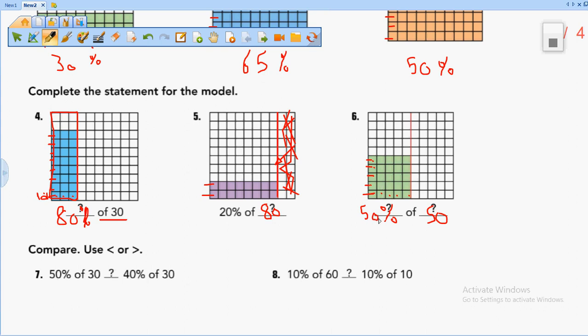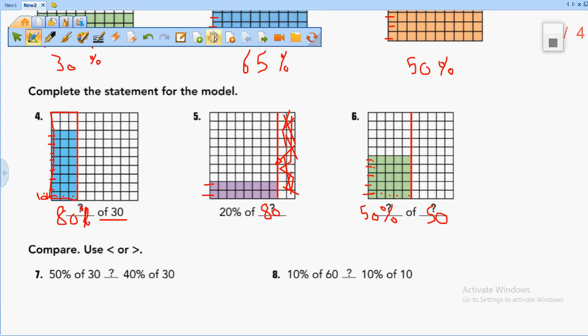That means it's 50% of 50. So 50%, or the half of 50, is 25. So here 50% of 50 is 25. As I told you before, we can say 10, 20, 30, 40, 50% out of the total parts. Here, to the red line, we only have 50 squares or 50 parts.